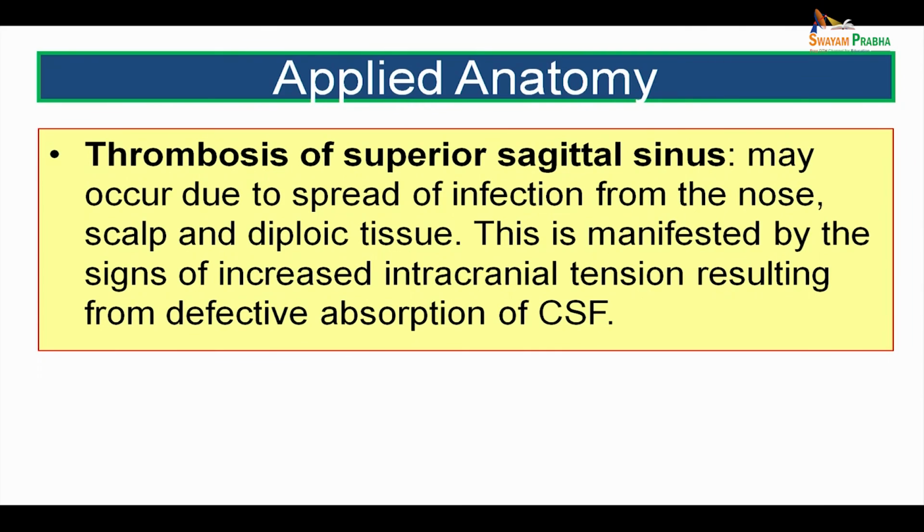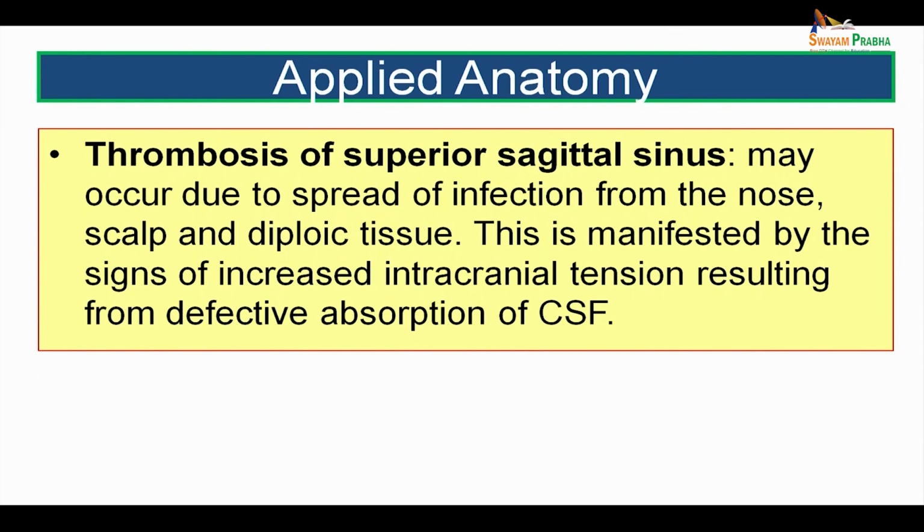Then we go on to see thrombosis of the superior sagittal sinus. This may occur due to spread of infection from the nose, scalp or the diploic tissue, and it is manifested by signs of increased intracranial tension resulting from the defective absorption of the cerebrospinal fluid.